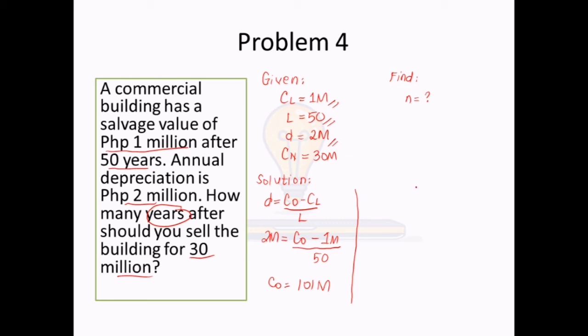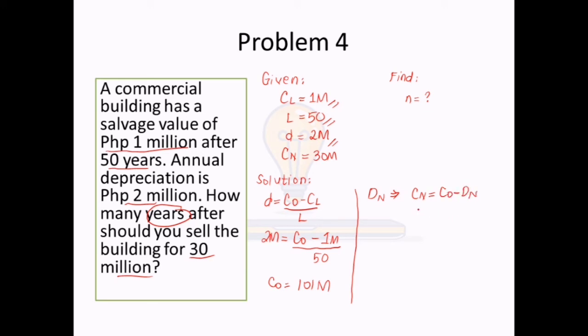And then we need to find how much is the total depreciation. Right? Because we will find how many years we can sell this building for my considered amount. So let's use the formula.